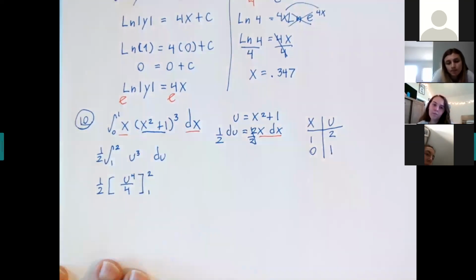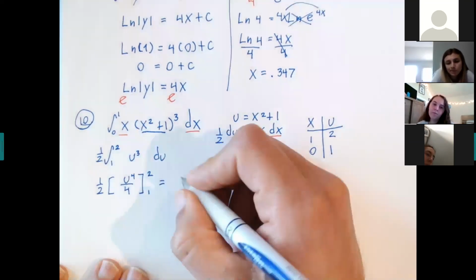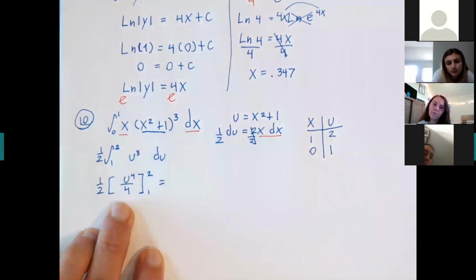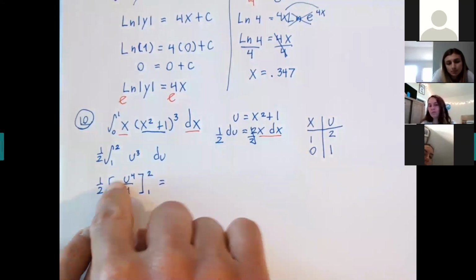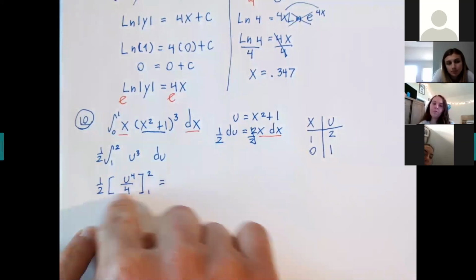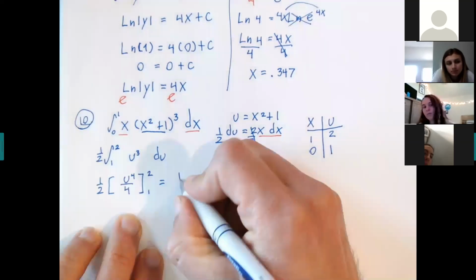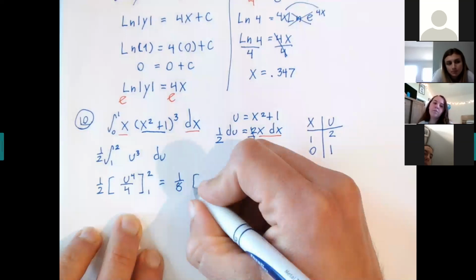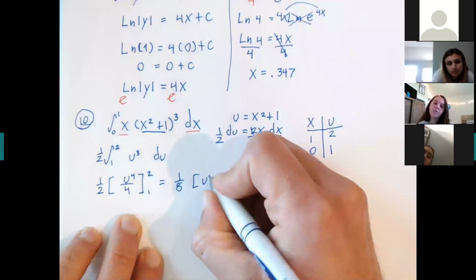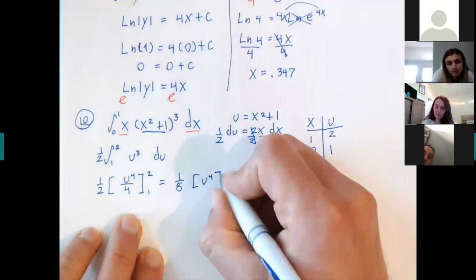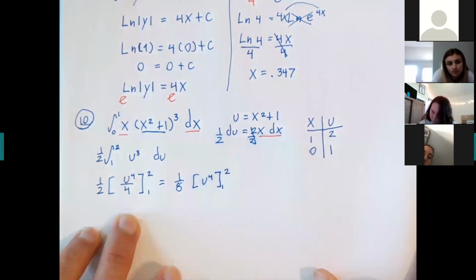Okay. Now you can, if you want to, and I normally do that, okay, you can pull, if you have a constant anywhere on here, you can pull it out. So if I pull the 1/4 out, that will give me a 1/8 u to the 4th. So that way I don't have to really deal with fractions until the very end. So that's the same thing.